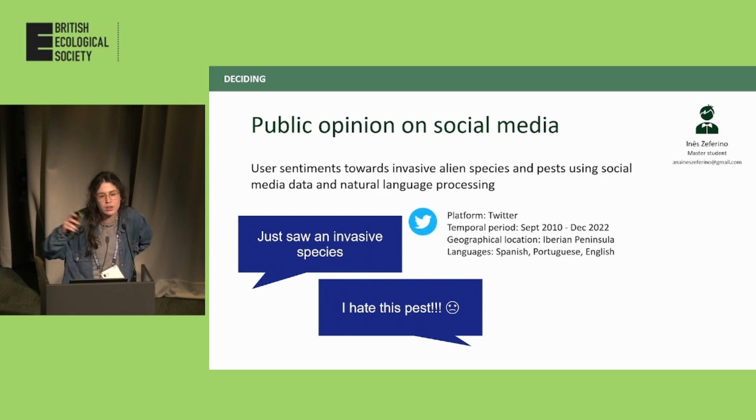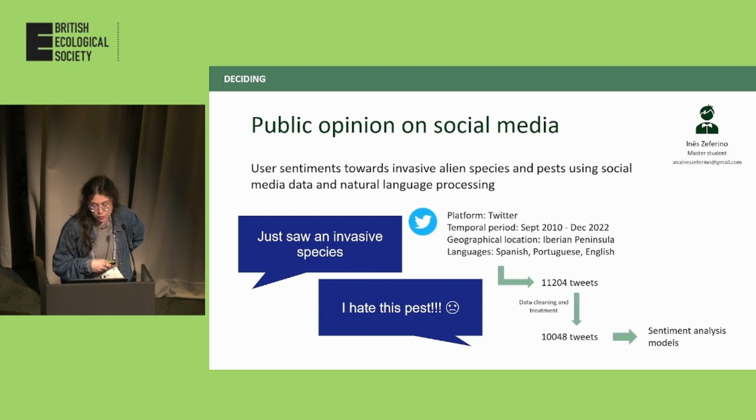but also another set that mentioned pests. It was collected for the Iberian Peninsula in Spanish, Portuguese, and English tweets. And so she did some data cleaning to take off the irrelevant tweets, and she's applying sentiment analysis models.